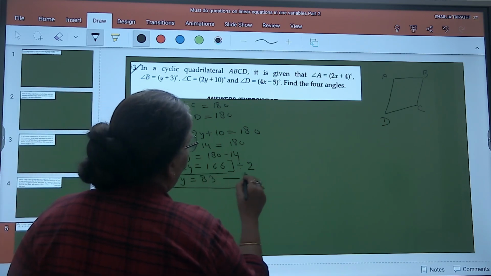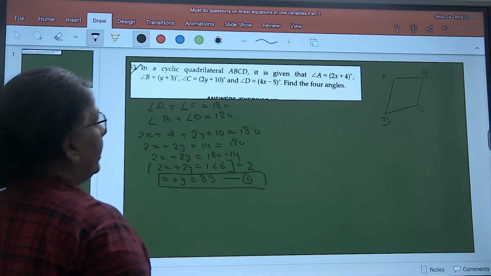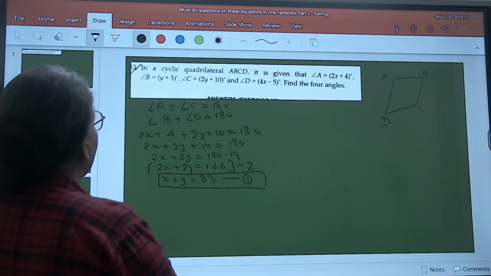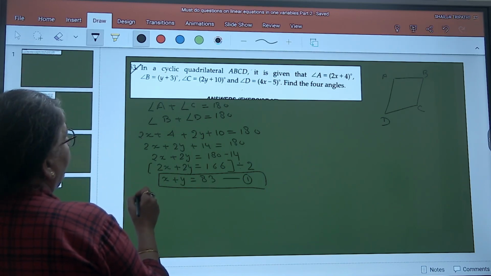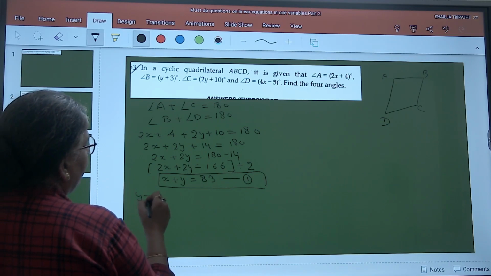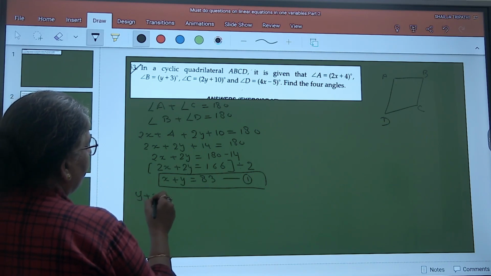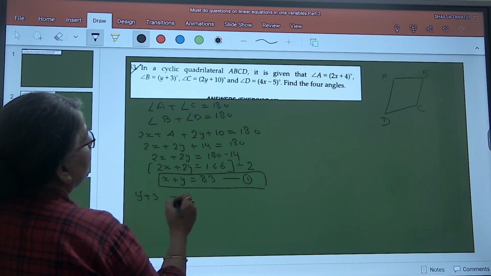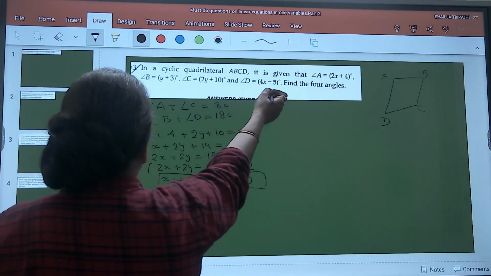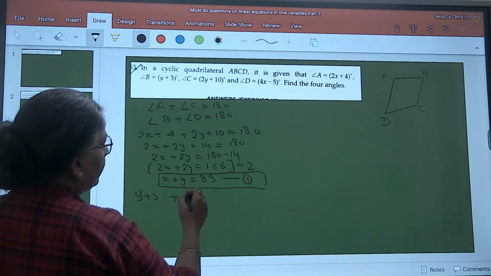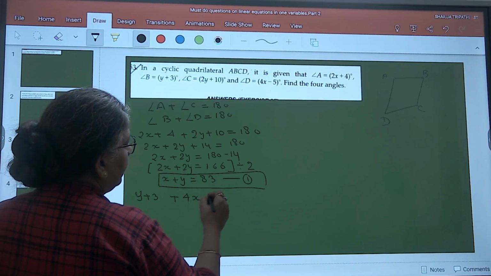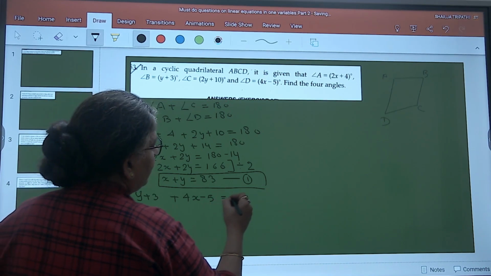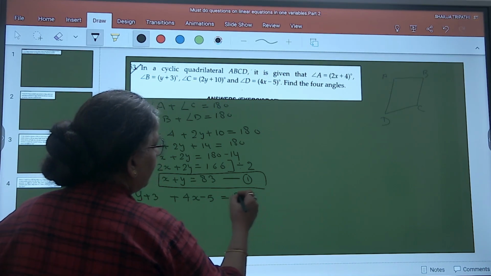Similarly, the sum of B and D will be 180. So angle B is y plus 3 and angle D is 4x minus y. This is equal to 180.